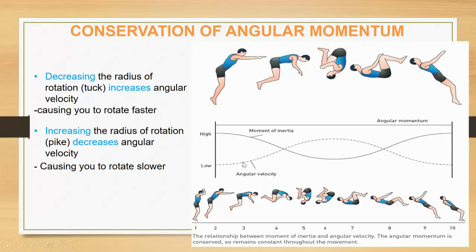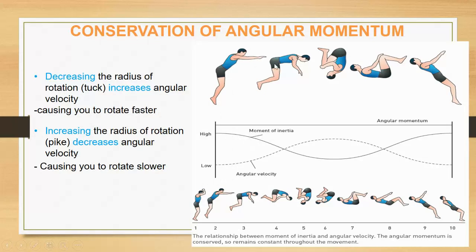When I look at the angular velocity, so the speed at which he's rotating, you could probably work out that when someone's open like this, his rotational speed is low, because his moment of inertia is high. There's a reluctance to change in the angular rotation.